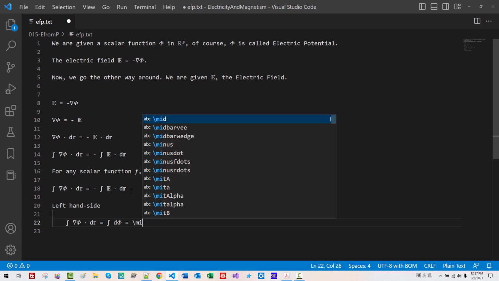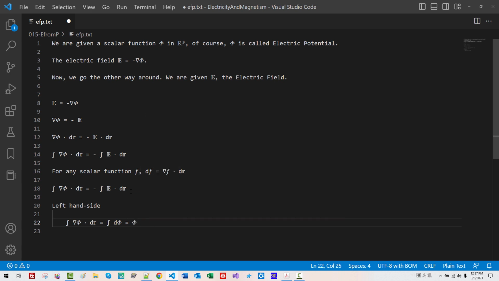This is phi. Now, from this equation, the left-hand side, this side is P, but this result is not very accurate.